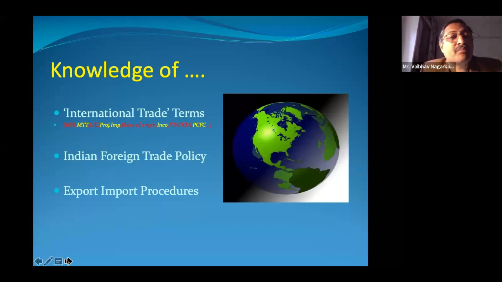Something called project import. Now look at the beauty of these transactions. A project import is a scenario where an Indian company, for example, wants to purchase not only 1, 2, 3, 4 items, but to import a complete factory.